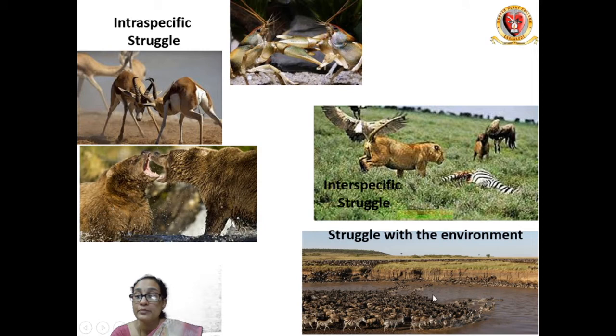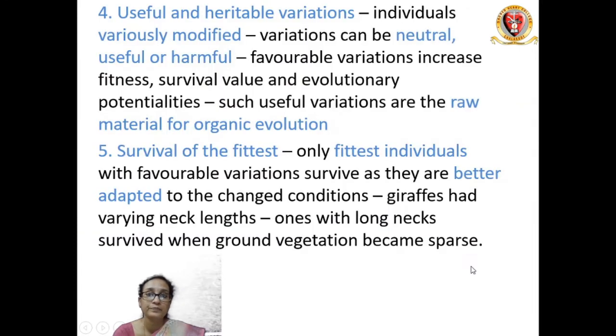But what happens in between? There are crocodiles. They try to eat these zebras, fell these zebras, and they have to struggle with this to get across. So that's about struggle, interspecific, intraspecific, as well as struggle with the environment.